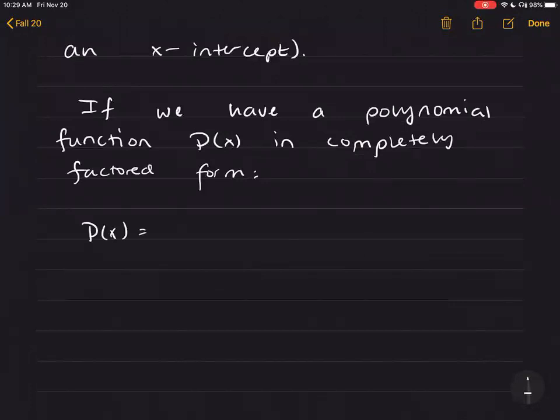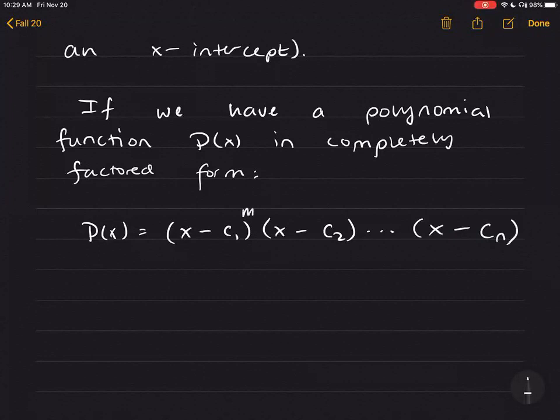So let's say we've got x minus c1, x minus c2, all the way down to x minus cn. Now, each of these terms could appear more than once. So what we do is we write powers above them, like so. The x minus c1 term is appearing m1 times, and then m2 here, and then we put an m instead of n there.